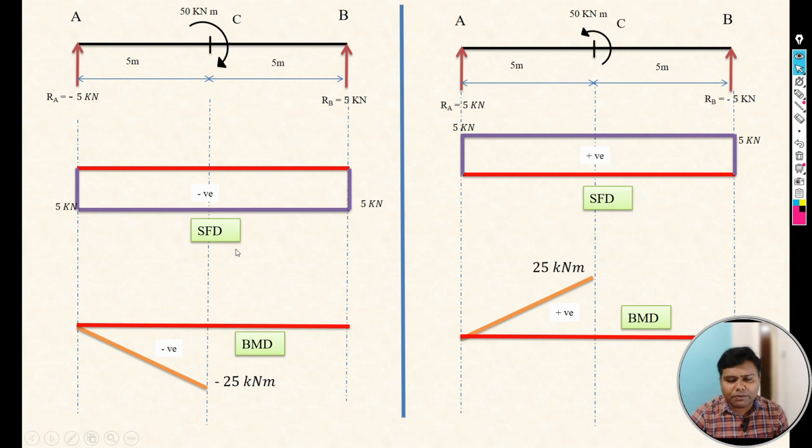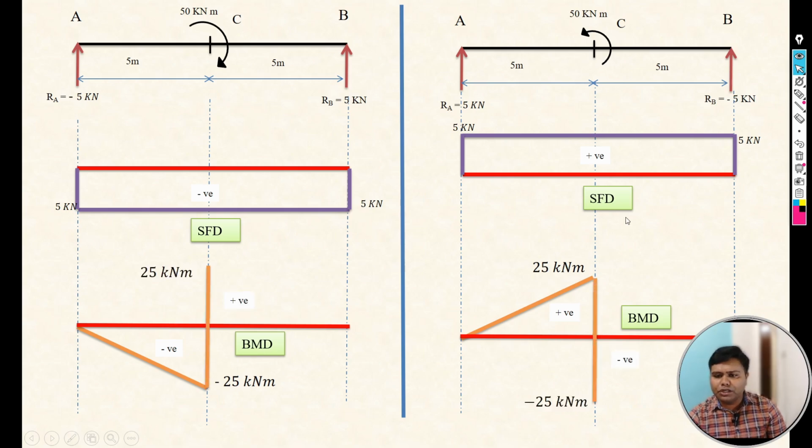When a clockwise moment is there, the diagram goes to the positive, and when an anti-clockwise moment is there, the diagram goes from positive to negative, and then it goes to the closing point, okay. So this is the shear force and bending moment diagram of the first case, that is being subjected to a couple. This is a numerical.